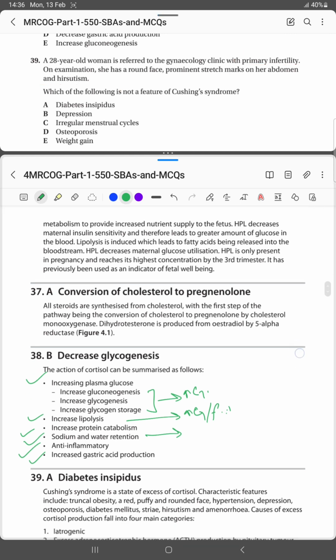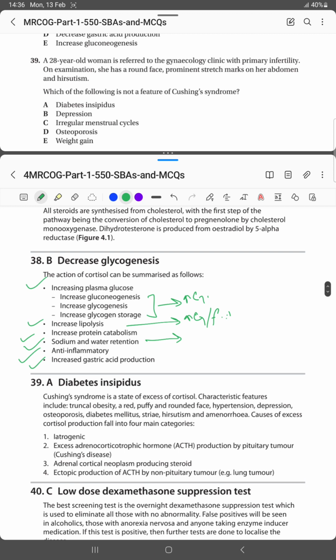The answer is diabetes insipidus, because Cushing syndrome is a state of excess cortisol. The characteristic features include truncal obesity, a red puffy round face, hypertension, depression, osteoporosis, diabetes mellitus, hirsutism and amenorrhea.